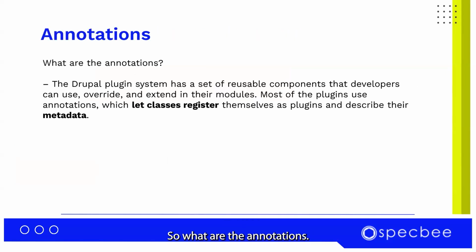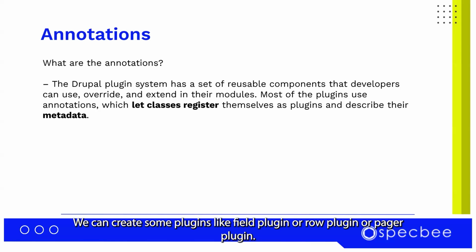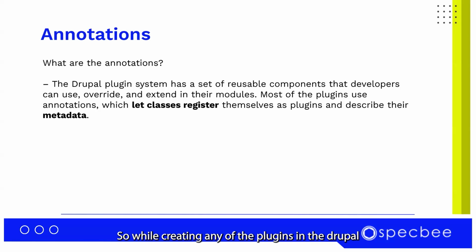So what are annotations? While creating a custom block or any sort of custom plugin in Drupal, that plugin could be a field, a field formatter, or a field widget, or it could be a view as well. In views, we can also create plugins like a field plugin, a row plugin, or a pager plugin. While creating any of the plugins in Drupal, at the very top of the class, before starting our class, we are doing some annotations.